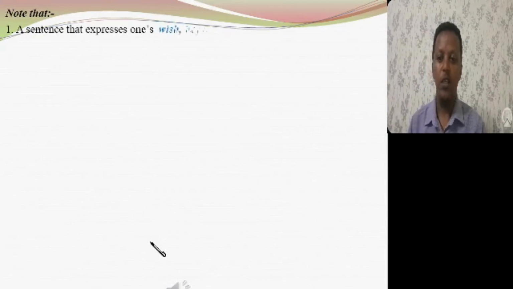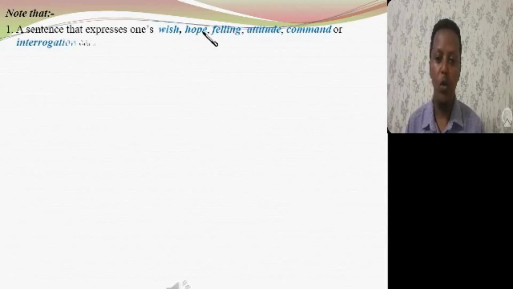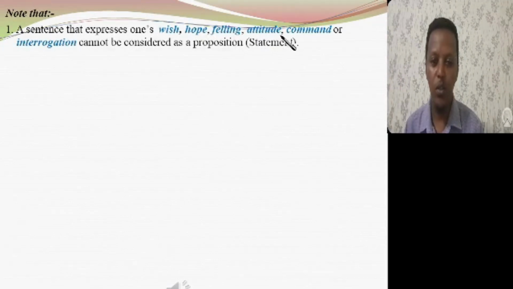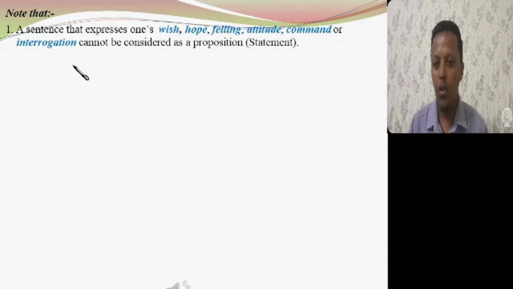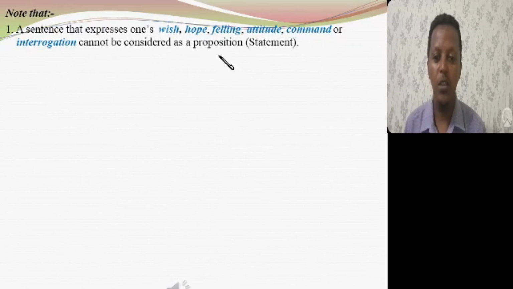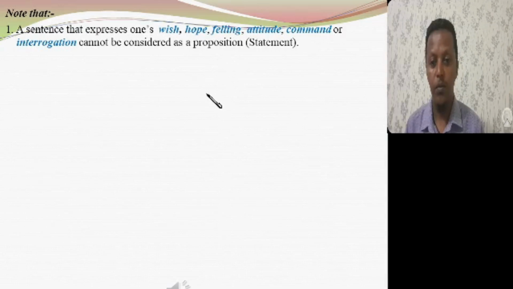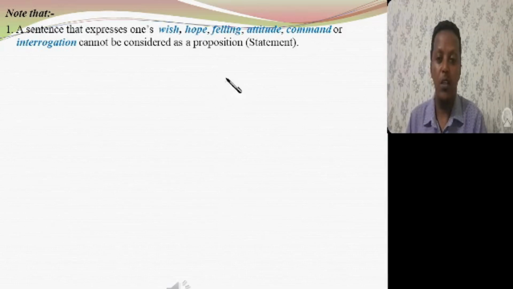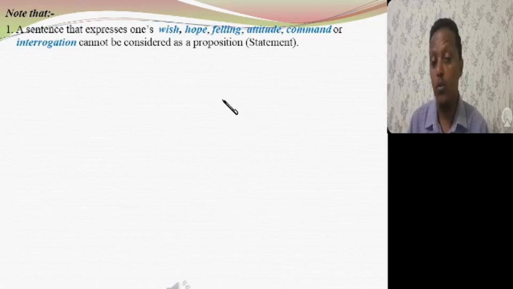So let's take a key point. First, a sentence that expresses wish, hope, feeling, attitude, command, or interrogation cannot be considered as a proposition because we cannot say such sentences are true or false.